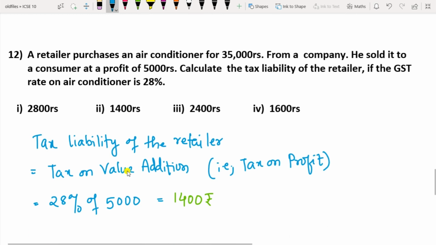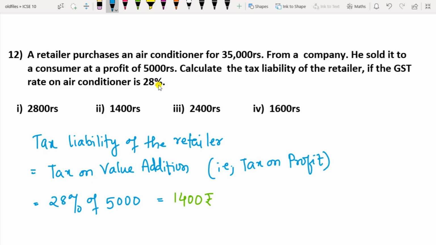Question 12. A retailer purchases an air conditioner of 35,000 from a company. He sold it to the consumer at a profit of 5,000. Calculate the tax liability of the retailer if the GST rate on air conditioner is 28%. The tax liability of the retailer will be equal to tax on value addition, that is the tax on profit.